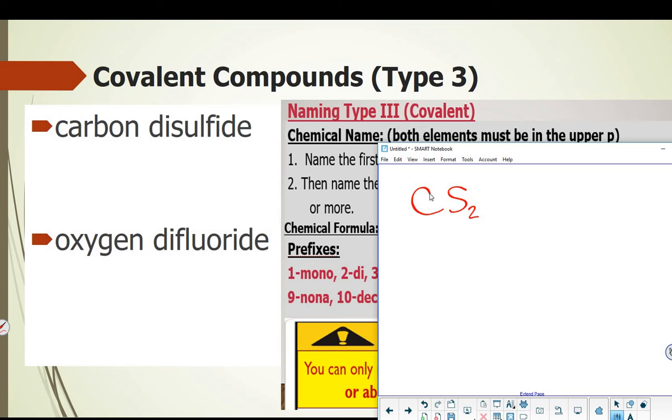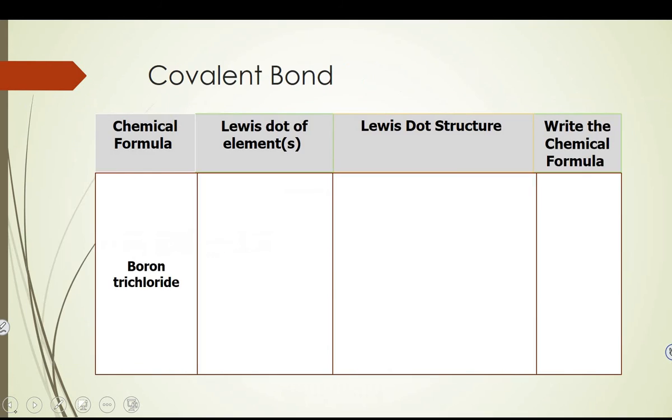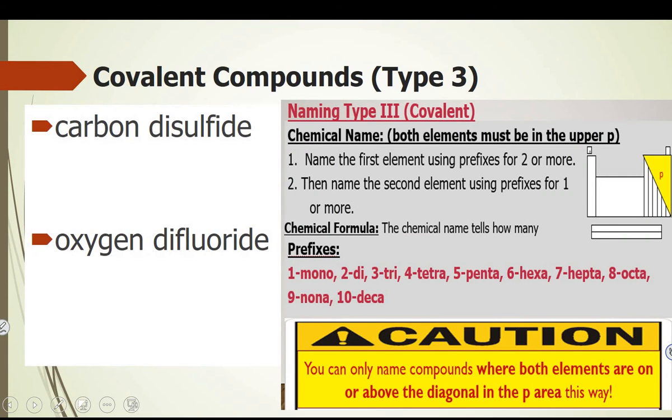Yes? The 2 in the sulfur comes from how far it comes? Nope, it comes from right here, the di. So when we do this last one, I'm not going to bring up that again. Oxygen, what would I write down? Just 1 O. Difluoride, what would I write down? F2. So it's OF2.